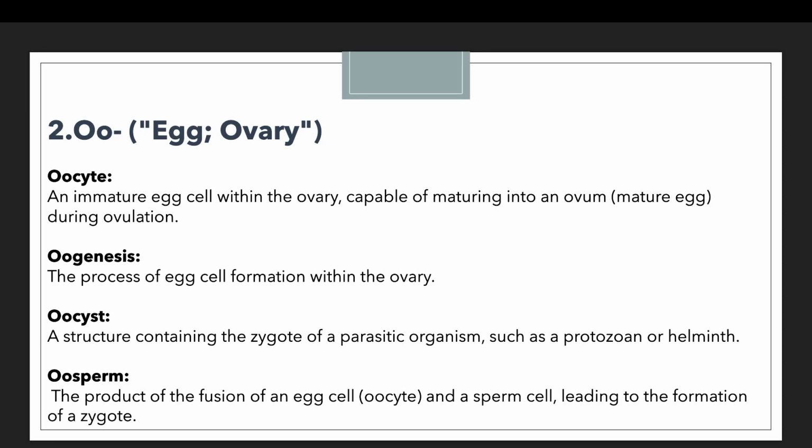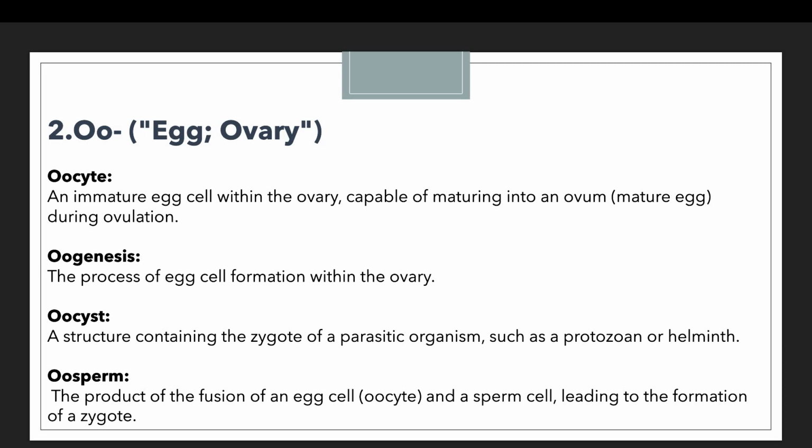So oocyte is a complete medical terminology, and oo is a prefix used to denote the egg cell, or you can say ovary. Okay. Then we have the next example, which is oogenesis. Oogenesis means the process of egg cell formation within the ovary.